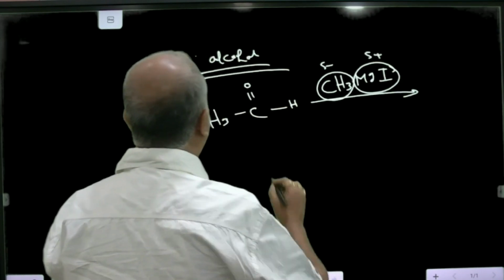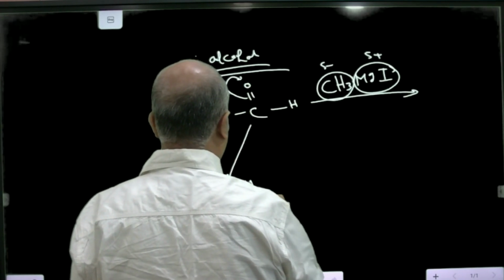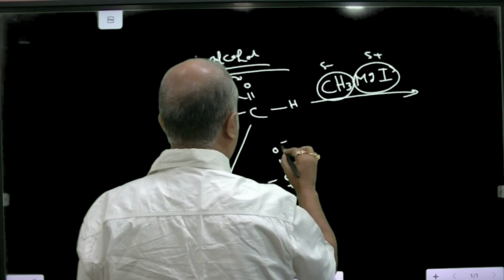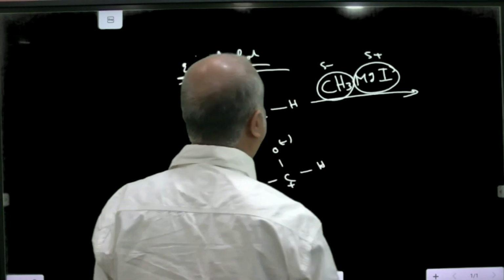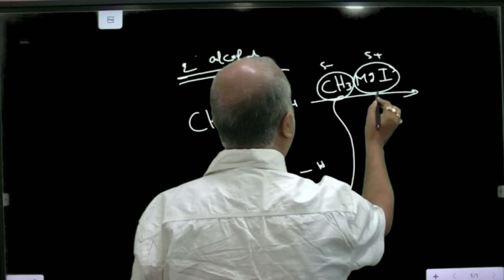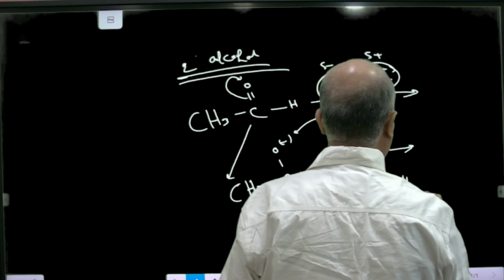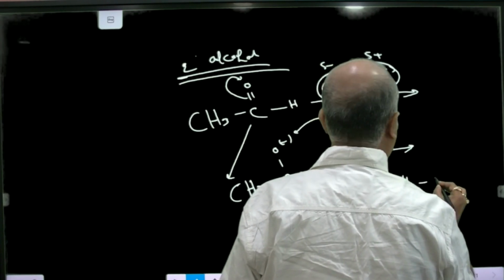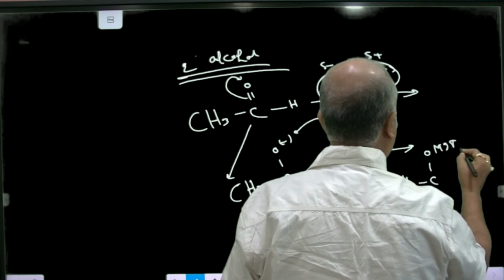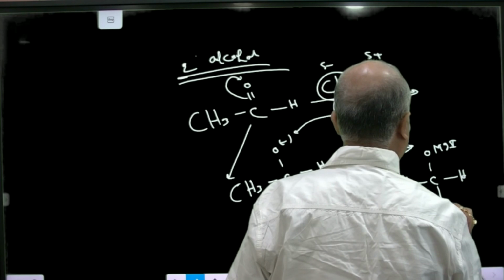You can rupture this one, apply the mechanism, and you will get CH3CH(OMgI)CH3.